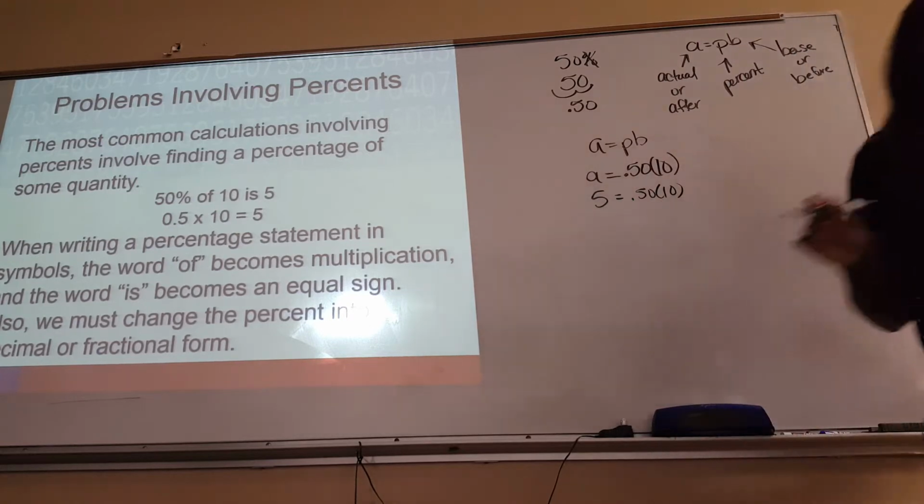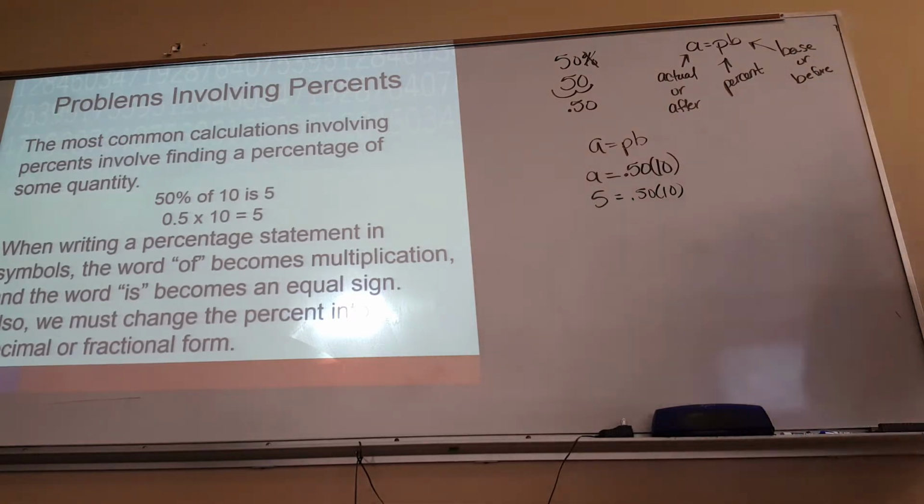So all we're doing is either identifying the after, identifying the before, or identifying the percent. Depending on what they ask you for is how you actually use this equation. We're going to do some more problems with it. I don't expect you to absolutely understand it yet. We're going to do some practice with it.